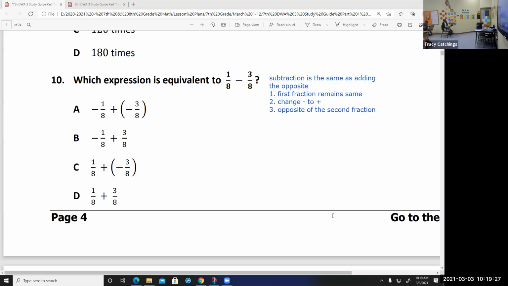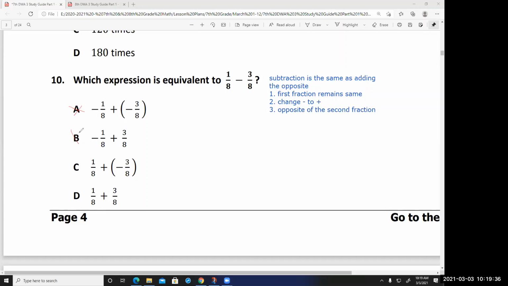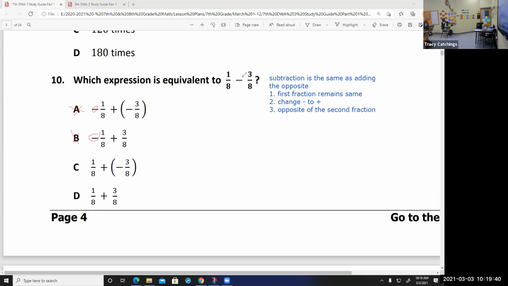All right, so first thing we said, the first fraction remains the same. Which ones can I eliminate because that first fraction is different? Good job. A and B. They changed it to negative. We don't need negative. All right, we said that subtraction would change to addition. Good job. And then what happens to the second one?